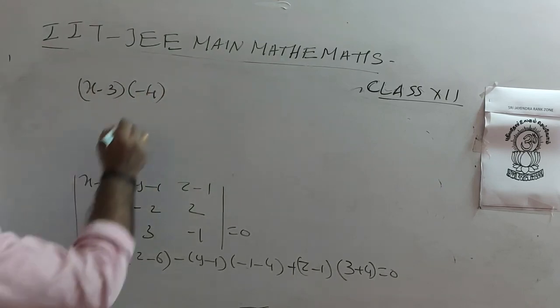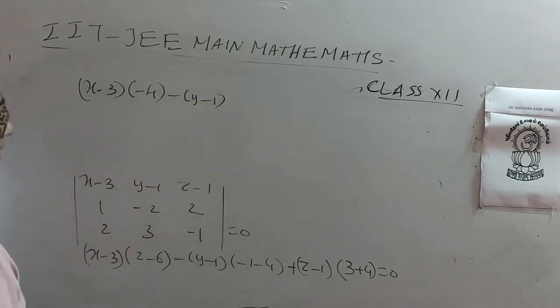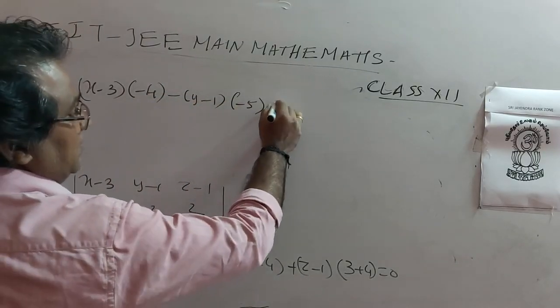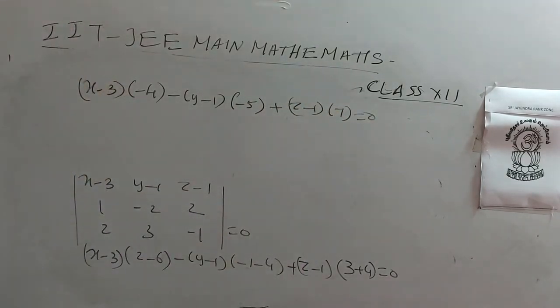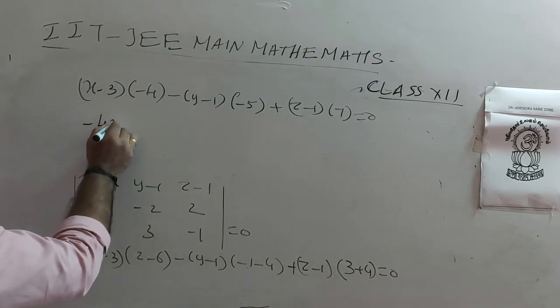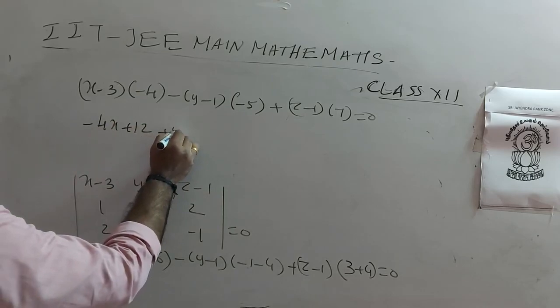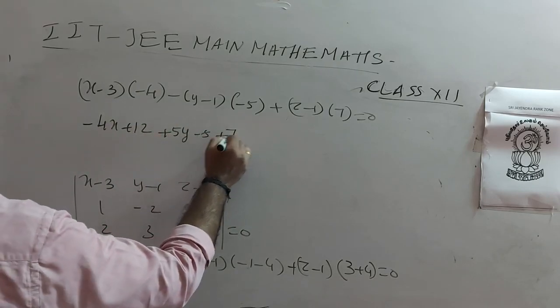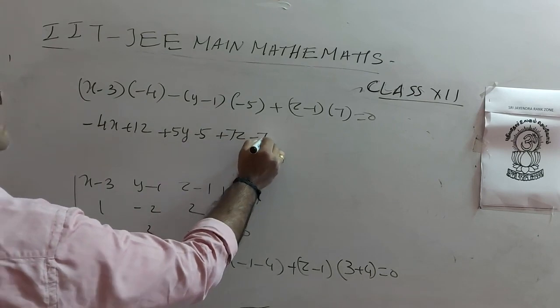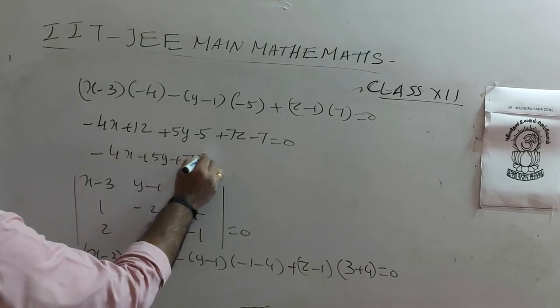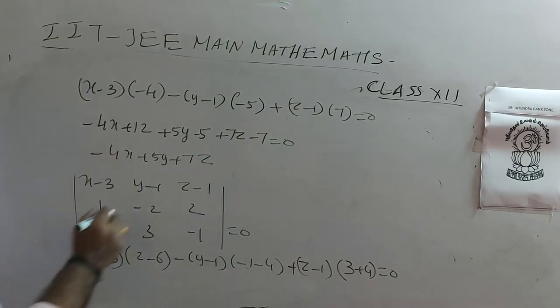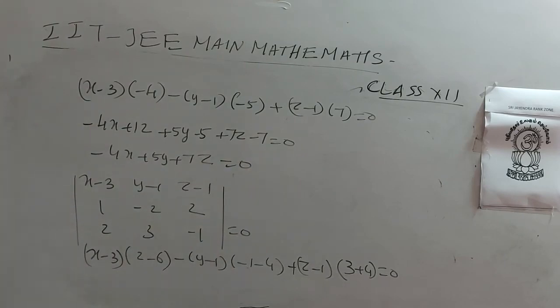So (x minus 3) into -4, minus (y minus 1) into -5, plus (z minus 1) into 7, equals 0. Minus 4x plus 12 plus 5y minus 5 plus 7z minus 7 equal to 0. So minus 4x plus 5y plus 7z equal to 0.